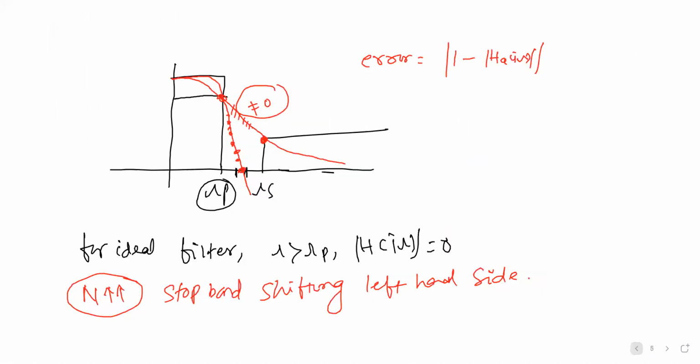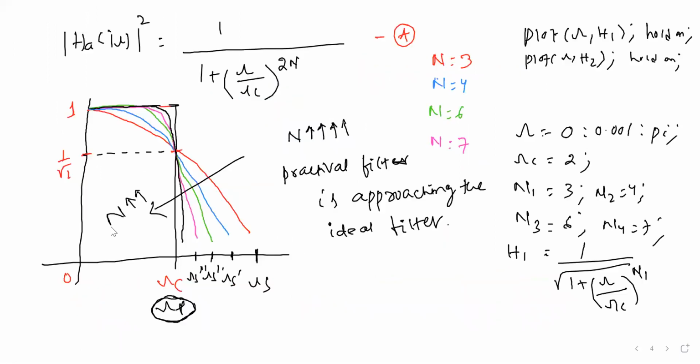We started with the equation of the Butterworth filter. And when you increase the value of n, it's very important: the practical filter approaches the ideal filter, or you can say that the stop band frequency is shifting towards the pass band, or the stop band is shifting to the left-hand side. Okay, for a higher value of n, this I have given as an assignment, you have to do.